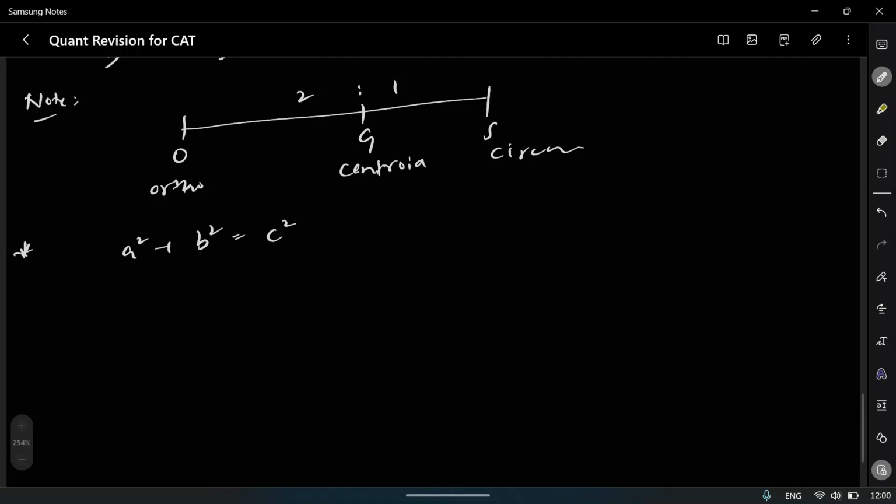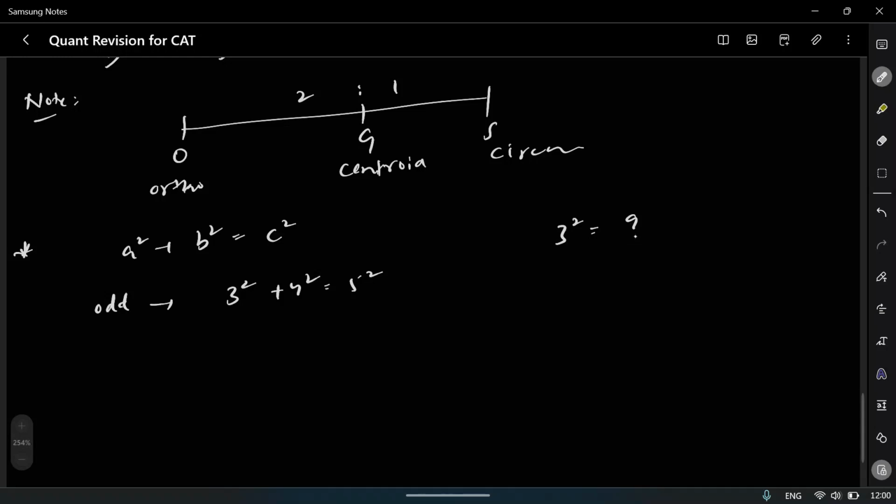For odd numbers, you know that 3 square plus 4 square equals 5 square. Taking the number 3, an odd number, 3 square equals 9.